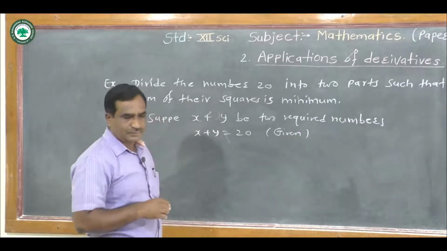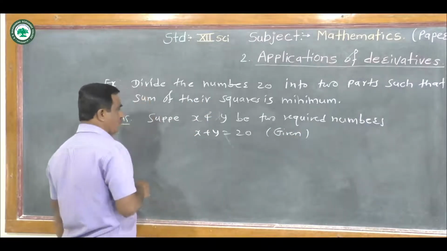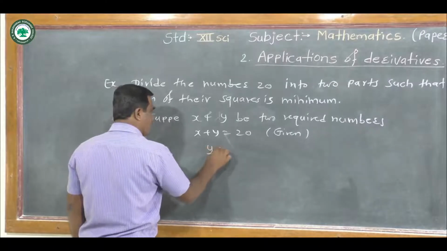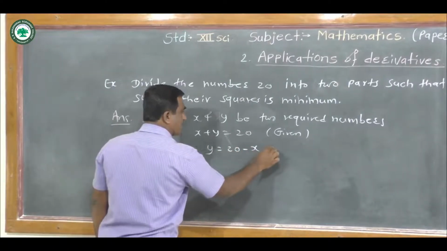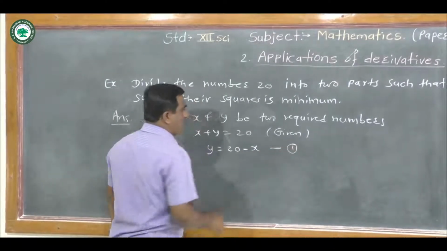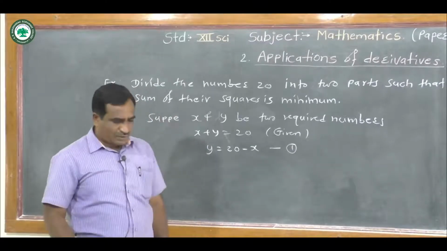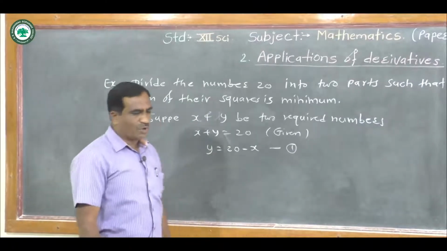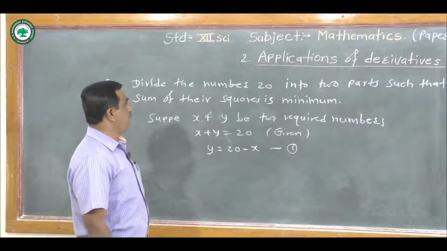Given. We can write the value of y here: y is equal to 20 minus x. Say equation number first. Now we are given that the sum of their squares is minimum.